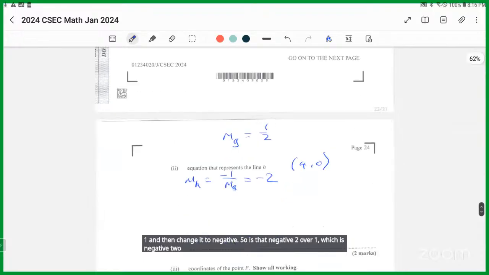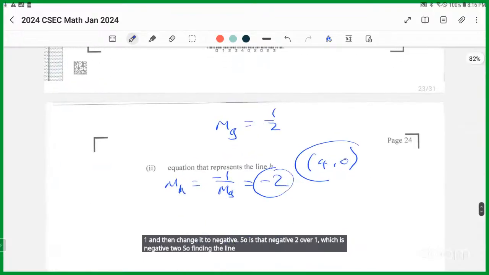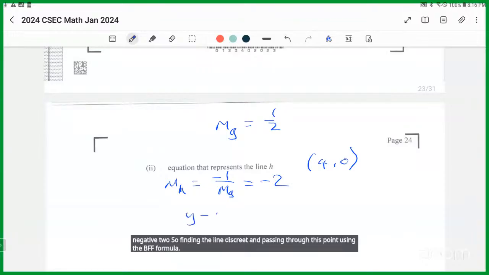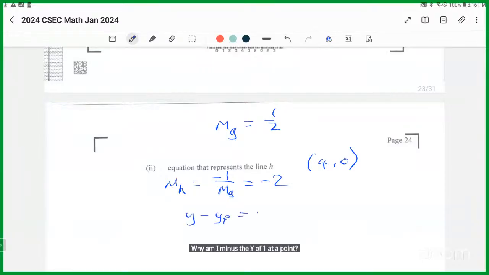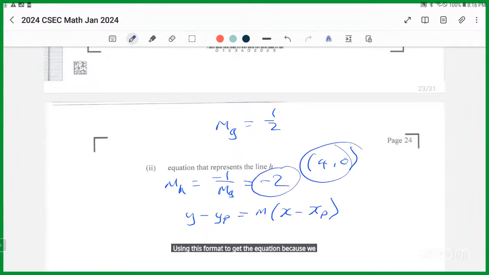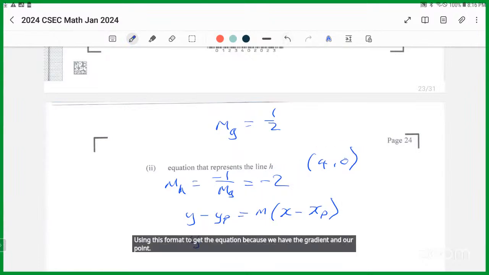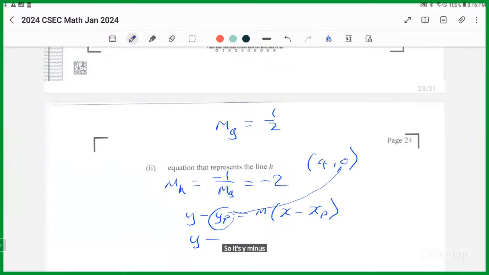So finding the line with this gradient passing through this point using the point-gradient formula. y minus the y value at the point equals the gradient times x minus the x value at the point. Using this formula to get the equation because we have the gradient and a point. So it's y minus the y value at the point, which is 0.